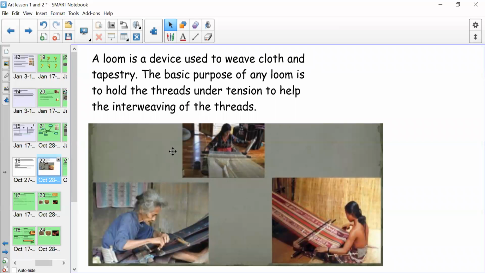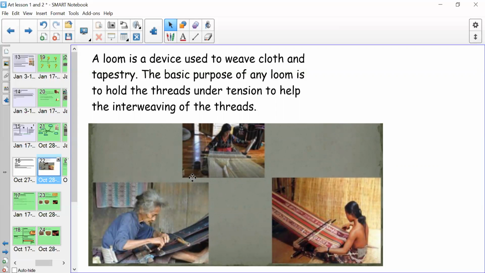Okay, so before we look at different cultures of weaving, we just got a definition of what a loom is, because this comes up in a few cultures. So a loom is a device used to weave cloth and tapestry. The basic purpose of any loom is to hold the threads under tension to help the interweaving of the threads.